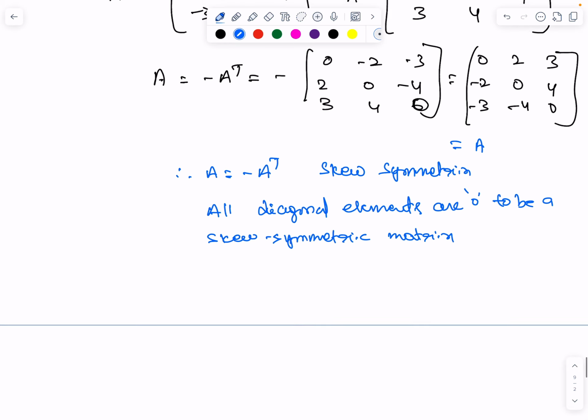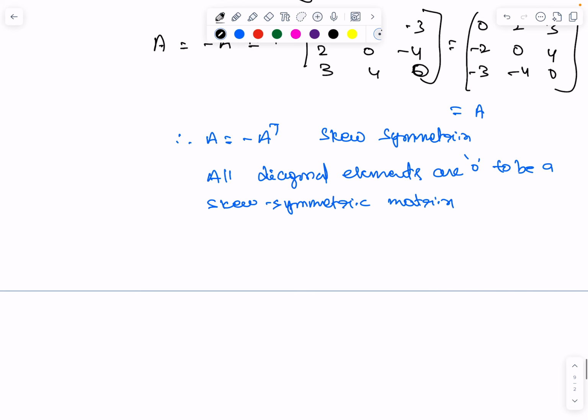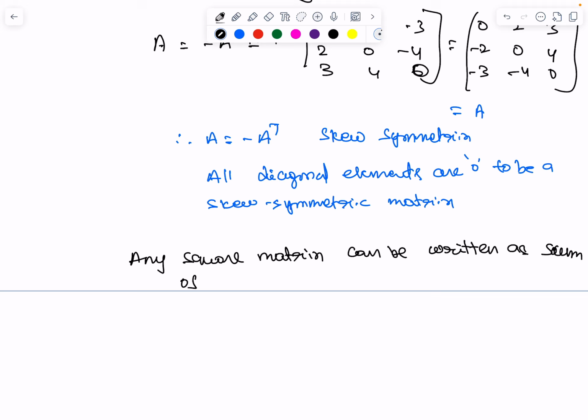So now you can convert any given matrix, any square matrix can be written as a sum of symmetric and skew-symmetric matrices.